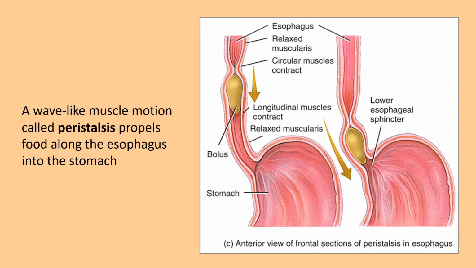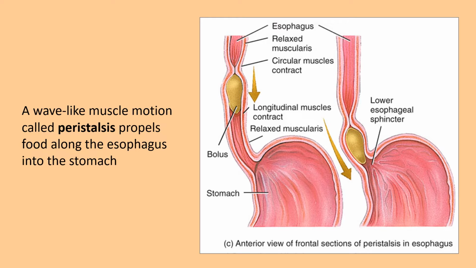During peristalsis, the circular layer of the muscularis, the deeper layer, contracts behind the bolus of food, as we see in the diagram on the left side. The circular layer contracts behind the bolus, and the longitudinal layer contracts ahead of the bolus, shortening the length of the esophagus.